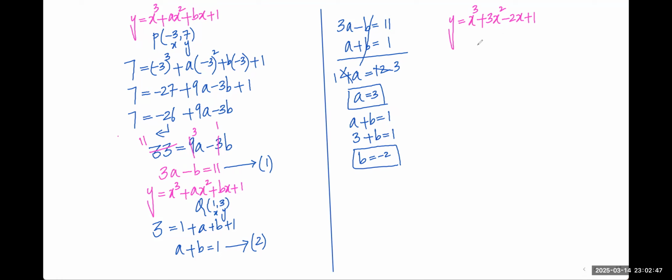So now we got the curve clearly. The second bit is asking for the midpoint R of the line PQ, so that R lies on this curve. Let me first find the R value. Look at the figure. Can we say that R is the midpoint of PQ? What's the formula to get the midpoint?